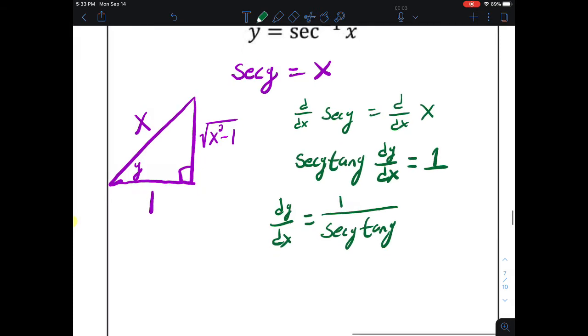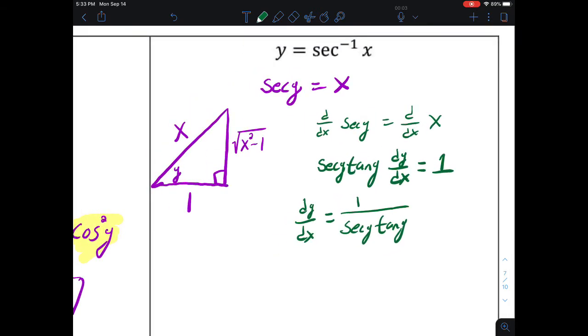Now, if I clean that up a little bit, 1 over secant is the same thing as cosine, so it'd be cosine of y, times 1 over tangent, which is the same thing as cotangent, so cotangent of y. So that's my derivative line here. Well, to figure out what those are, we go back to our triangle that we formed.